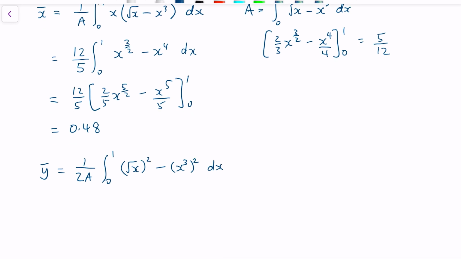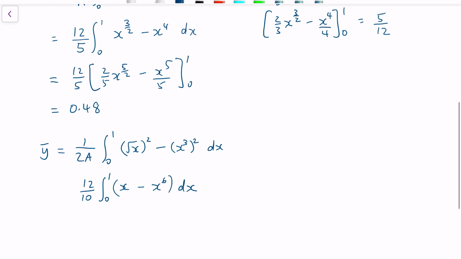Okay, so this one here, integrating between 0 and 1, the area is still 5/12, so we've got 1 over 2 lots of that, 12 over 10. And then we're integrating x minus x to the 6. Inconsistent with brackets, really should be brackets around all of that when we're integrating.